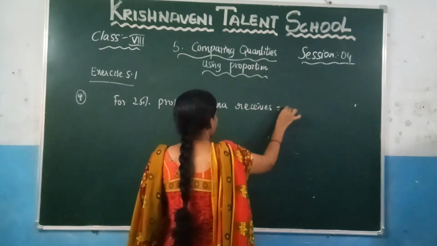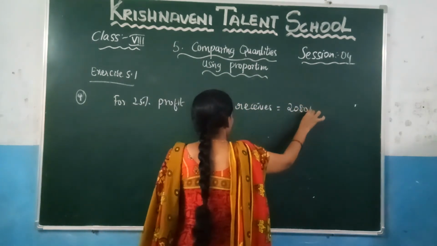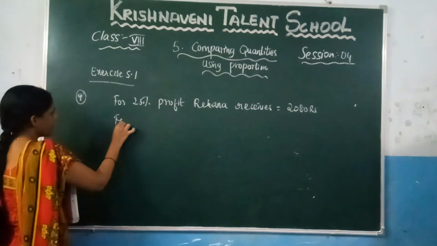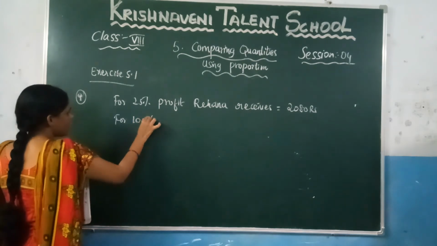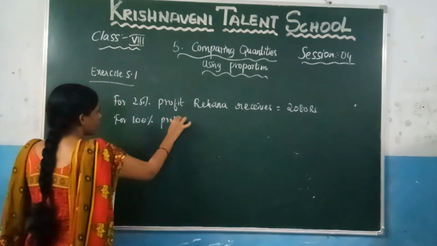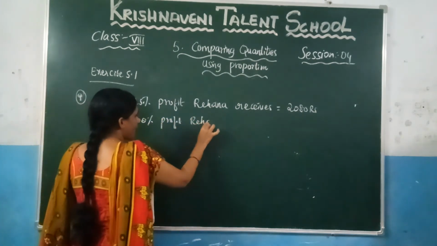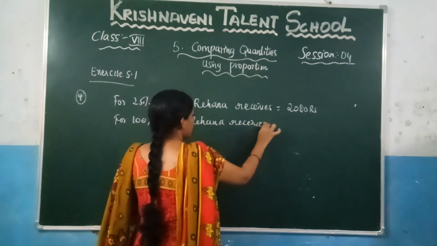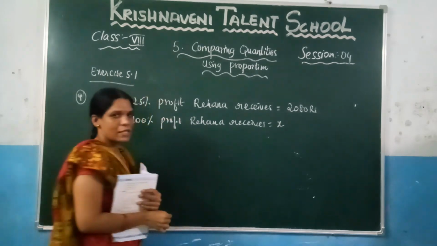How much amount is he receiving? Which is 2080. Now here they ask, you need to find for 100 percentage. For 100 percentage profit, Rehana receives, you don't know, let us consider it as X.